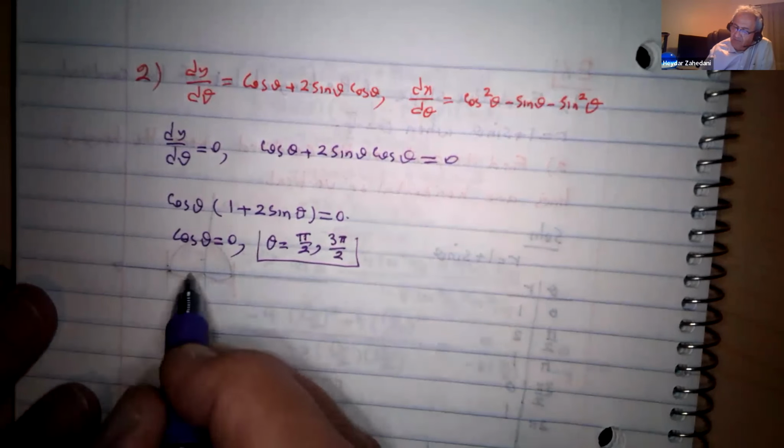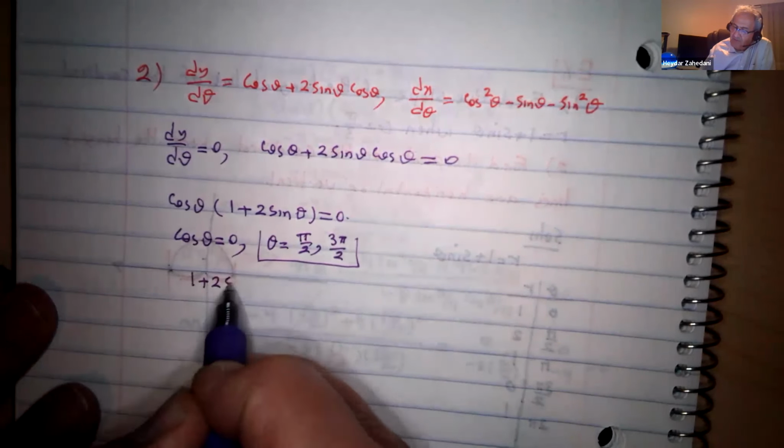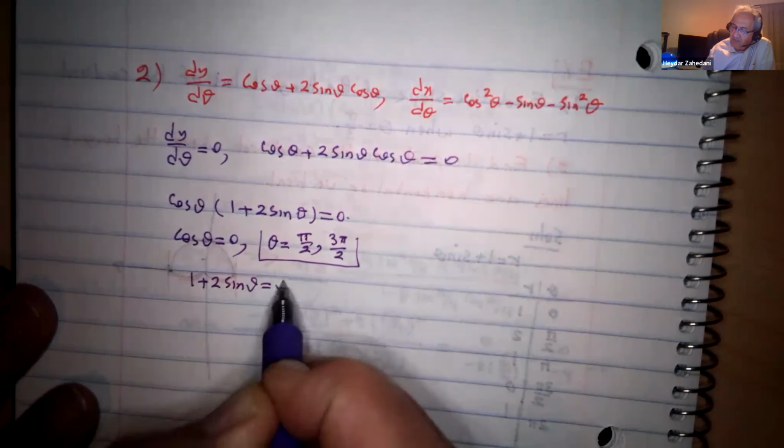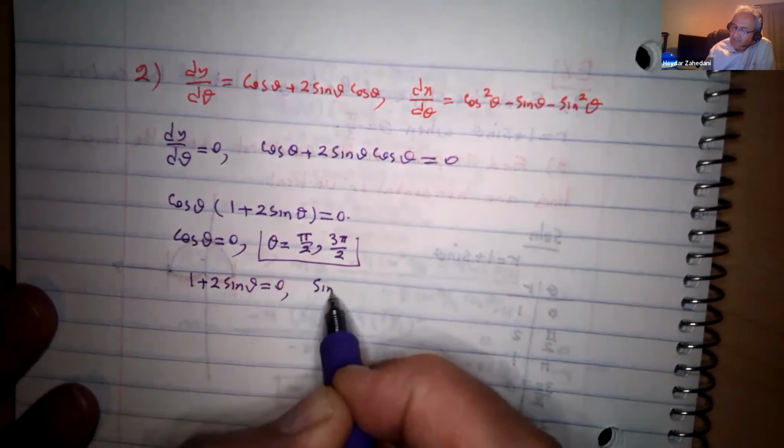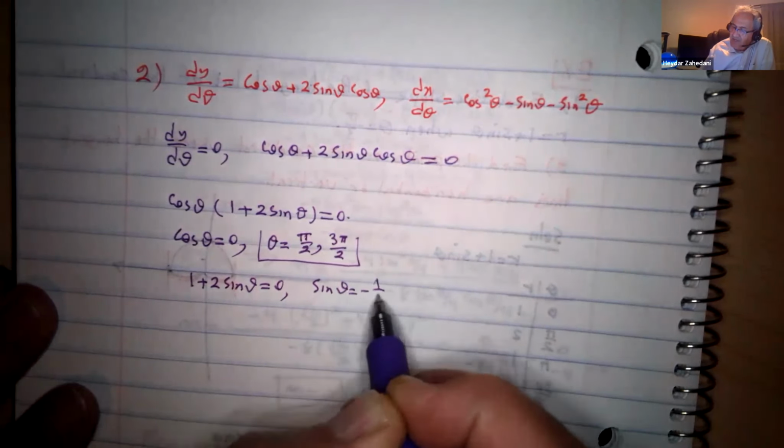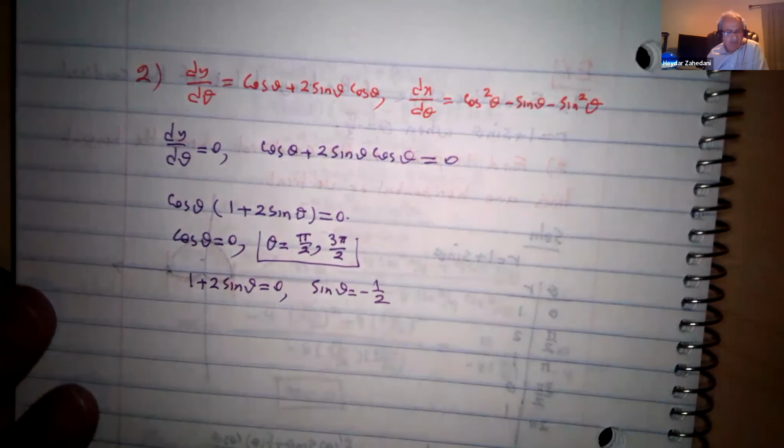Then you let 1 plus 2 sine θ be equal to 0. That gives sine θ equal to negative half. It's negative, so it's going to be in the third and fourth quadrants. You can check with the unit circle.